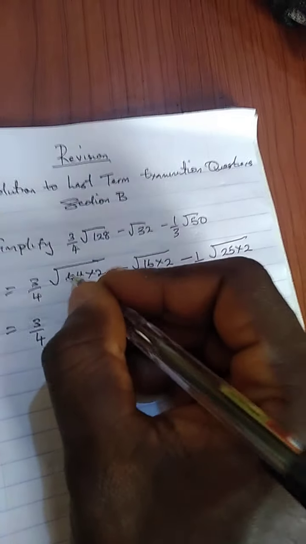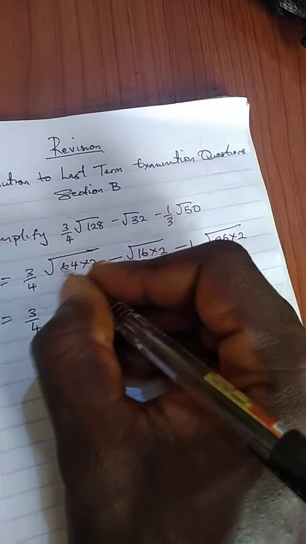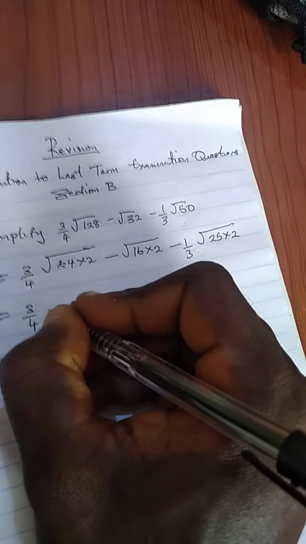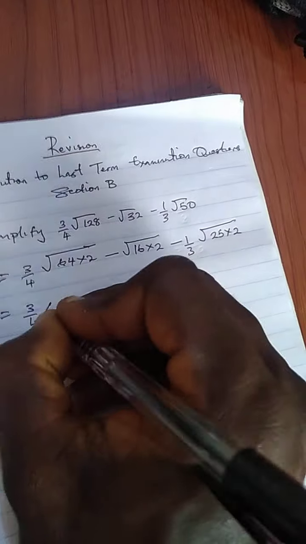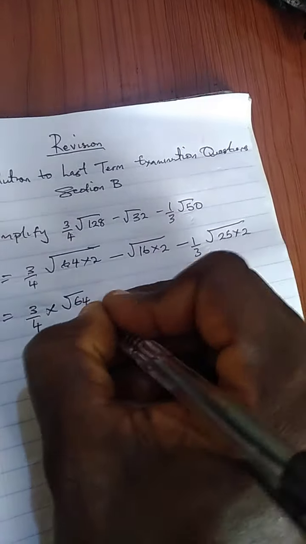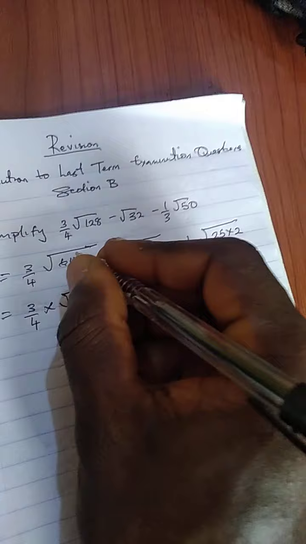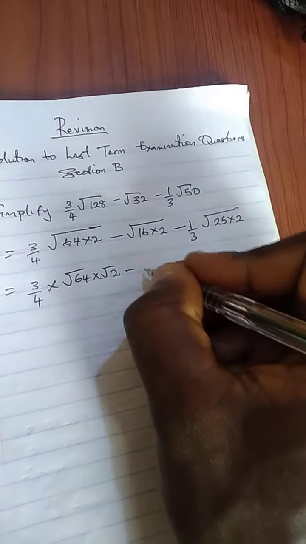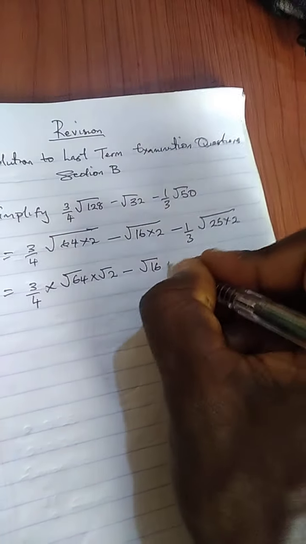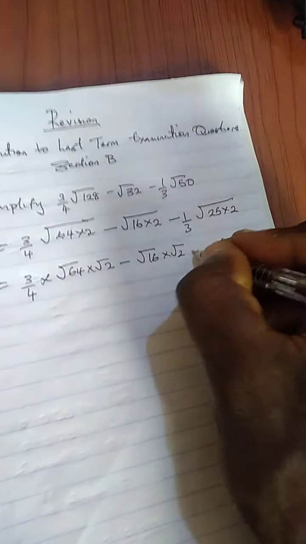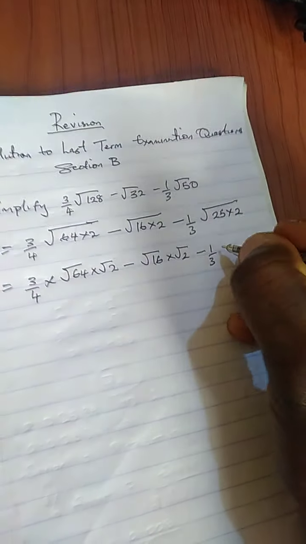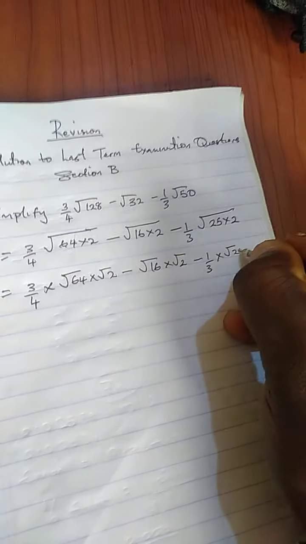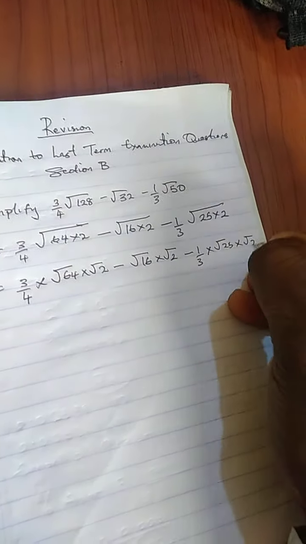So we have 3/4 times root 64 times root 2. I separated the roots, minus root 16 times root 2, minus 1/3 times root 25 times root 2.